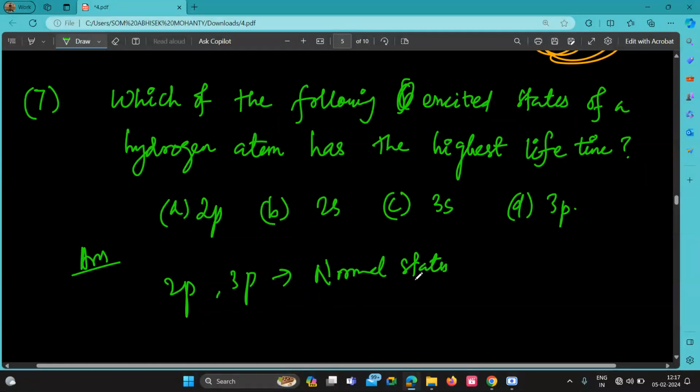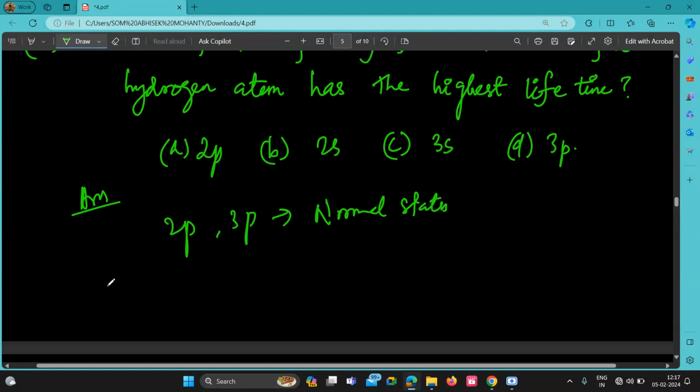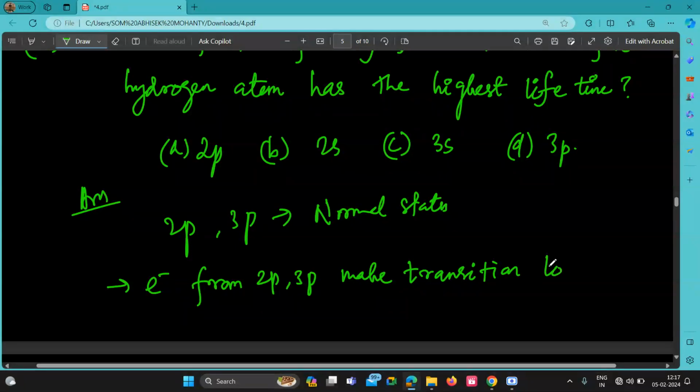An electron from 2p or 3p makes a transition to the ground state within 10 to the minus 9 second.